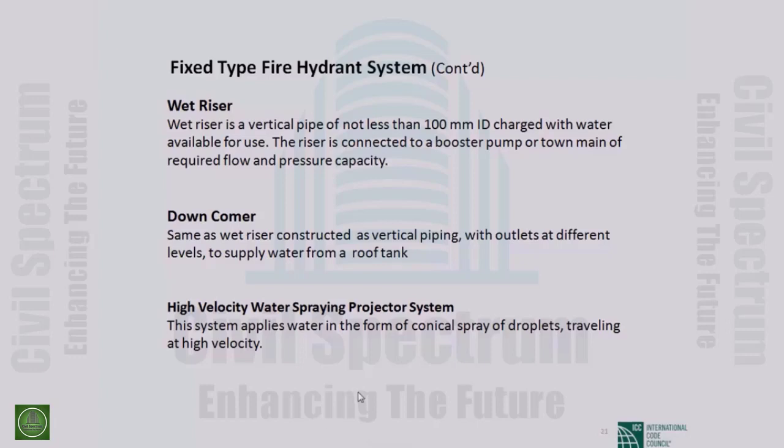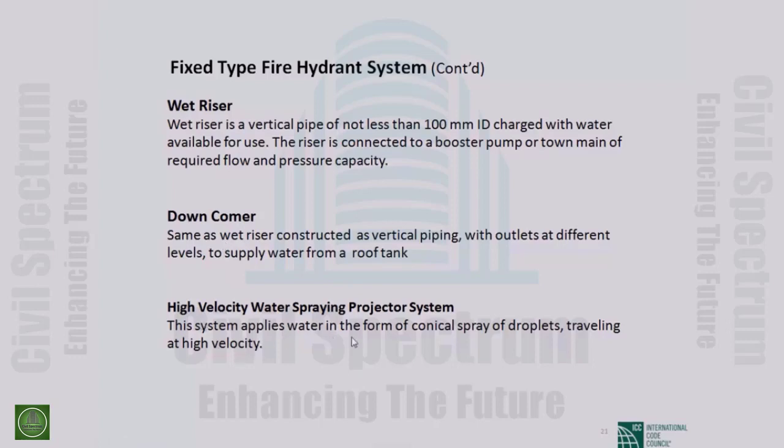So at any time you can have water for your fighting at the time of a fire event. Sometimes you have the downcomer, it is the same pipe, fed from the gravity tank, the rooftop gravity tank. It is a different name, but it is again a riser.